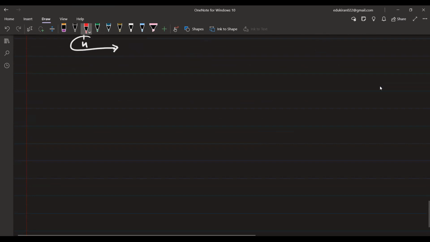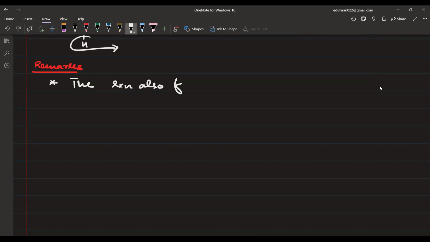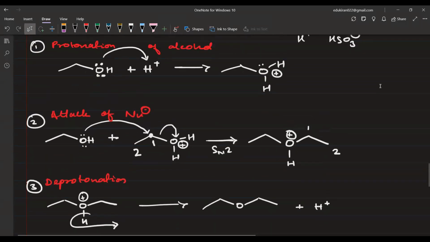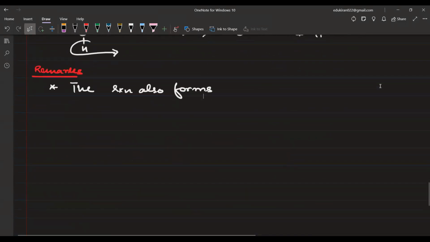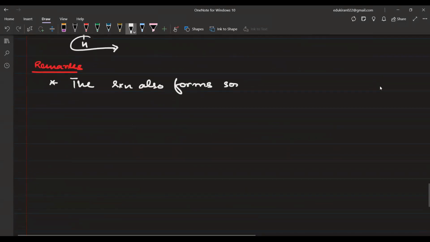Now, write some remarks. Write number 1. The reaction also forms some amount of alkene.